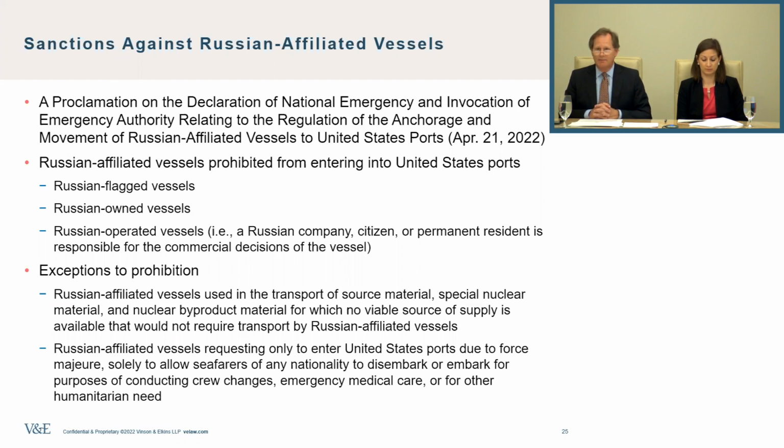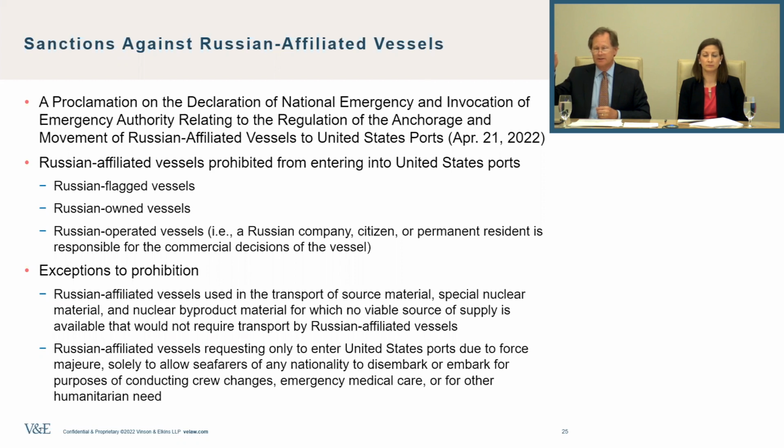And that does not mean necessarily by a Russian crew. That means that a Russian citizen, company, or permanent resident is responsible for the commercial decisions of the vessel. So it will say, take that cargo and we'll sign this contract to transport this cargo wherever. That is the definition of a Russian operated vessel.